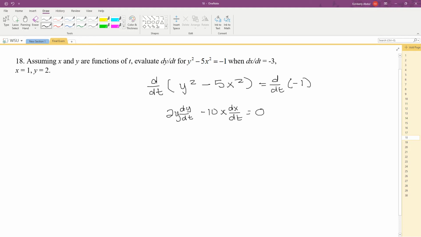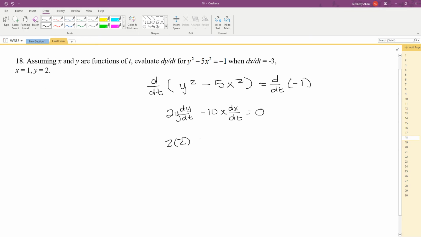Now, you could solve for dy/dt right now with all the letters still in there, but I find that it's actually easier to replace the values with the numbers that we're going to use. So I'm going to go ahead and put 2 times, and I know what y is, 2.